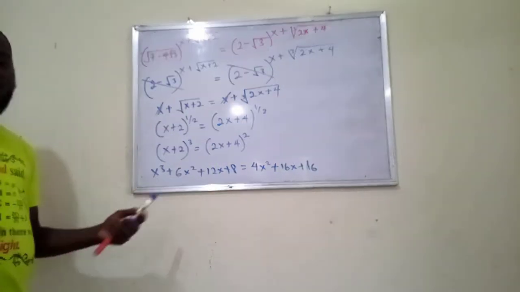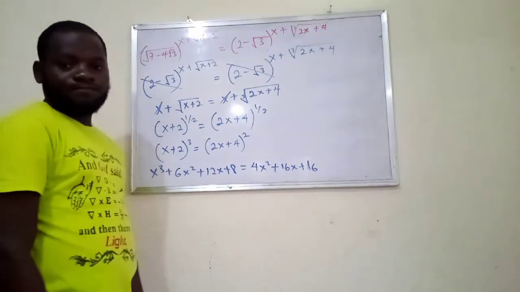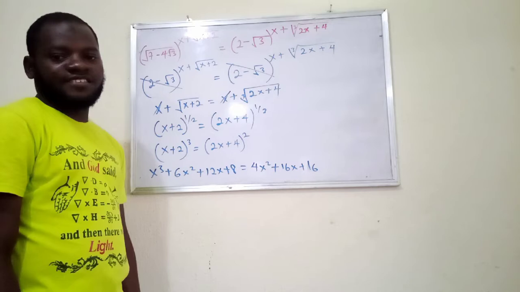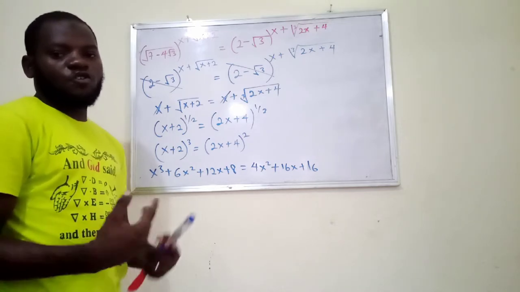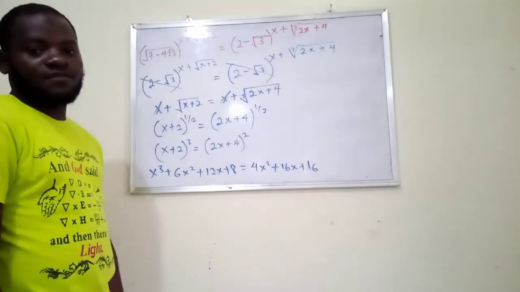Okay, I think now I can collect the like terms between this and this. I believe we are getting this explanation. If not, you can go back and look at what we've done in the previous scene.